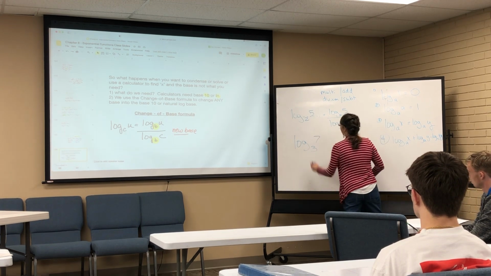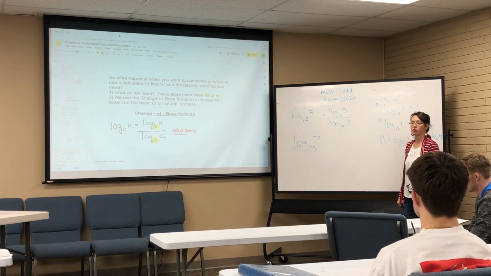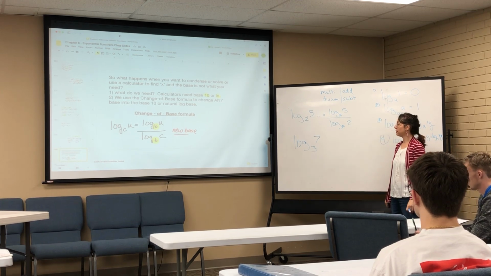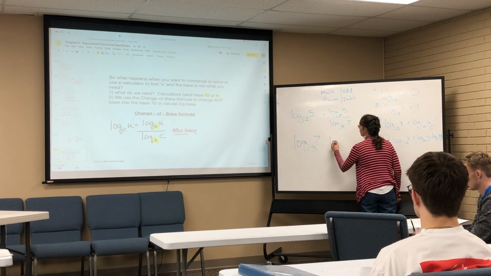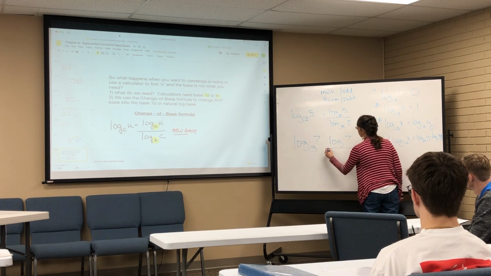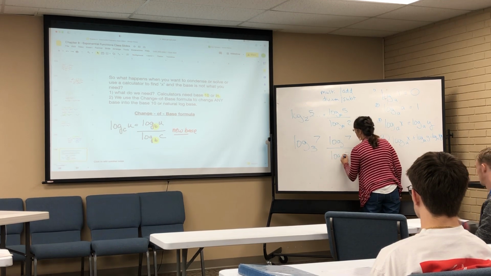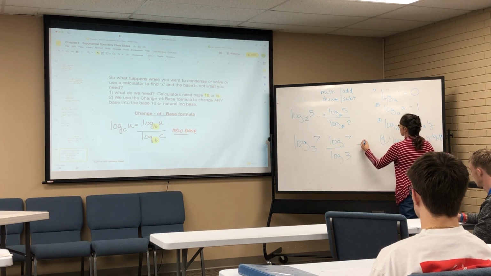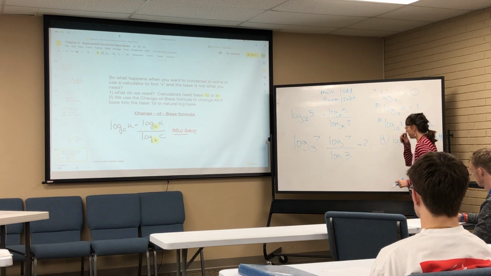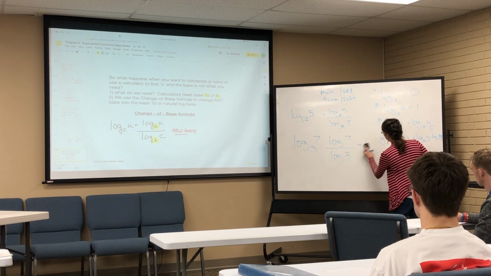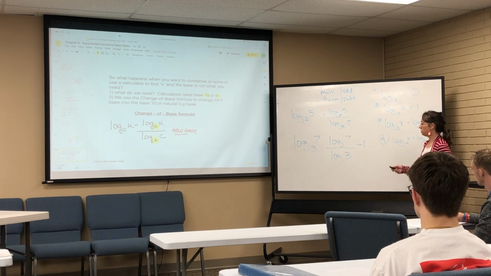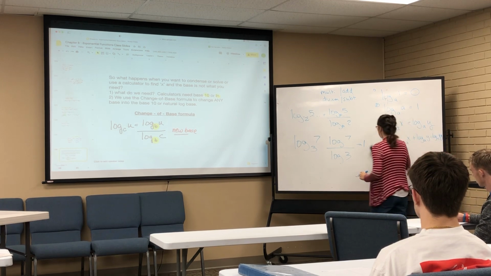But I don't have a whole number integer for log 3 of 7. So I would use my calculator and find log of 7 and divide it by log of 3. And it would give us not 2, 1 point something, some value. Okay, and 2 decimal places is usually standard.